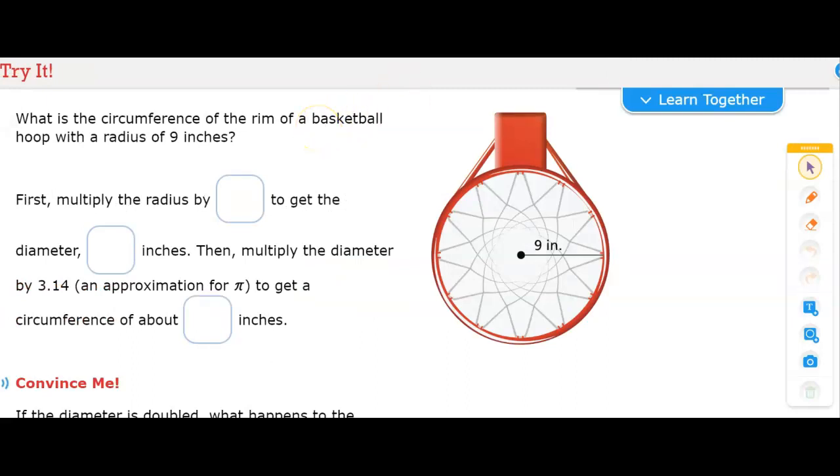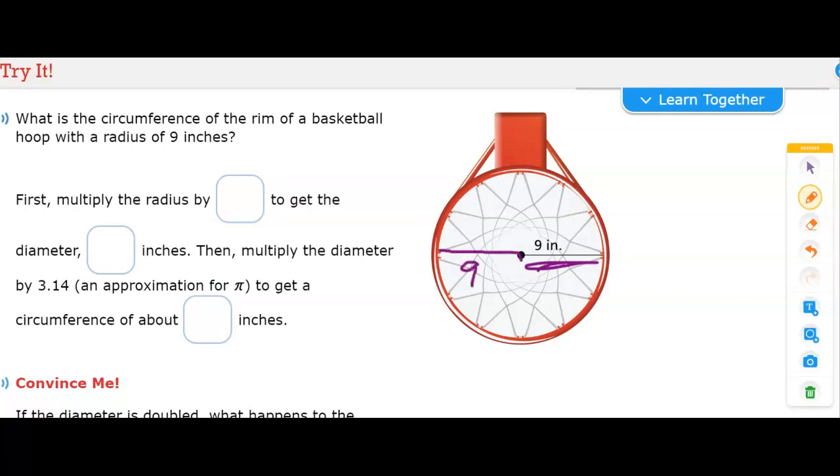What is the circumference of the rim of a basketball hoop with a radius of 9 inches? The radius is 9 inches. So multiply the radius by blank to get the diameter. If the radius is halfway, the other half would also be 9 inches.